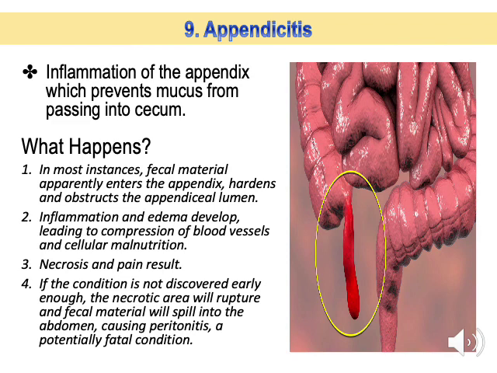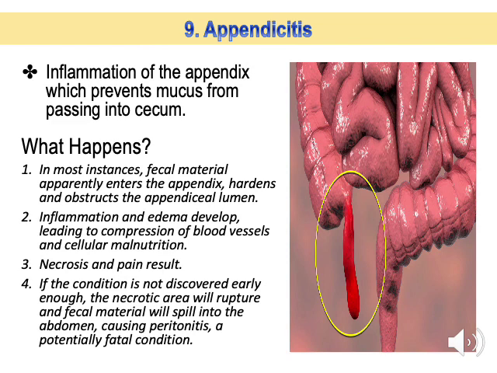Necrosis and pain will then result. That's when children will manifest the signs and symptoms. If the condition is not discovered early enough, the necrotic area will rupture and fecal material will spill into the abdomen, causing peritonitis, a potentially fatal condition.